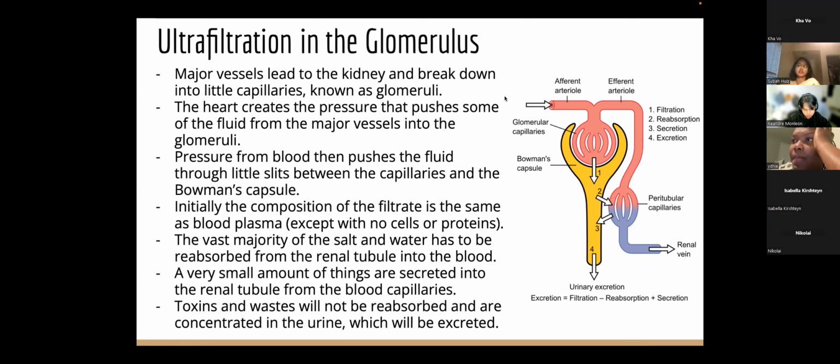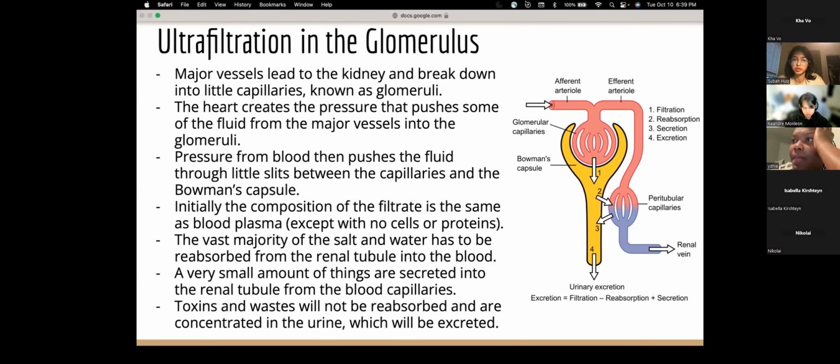and they break down into little vessels or capillaries, known as the glomeruli. You can think of the glomerulus as this entire capillary system, and there are little slits between the capillaries and the Bowman's capsule.